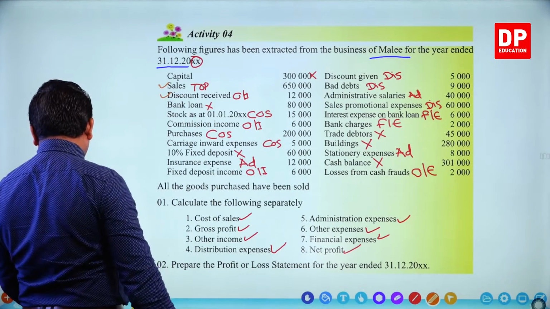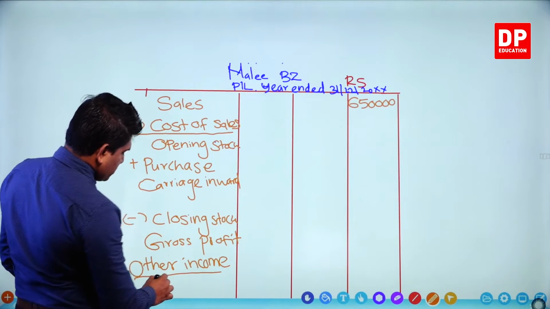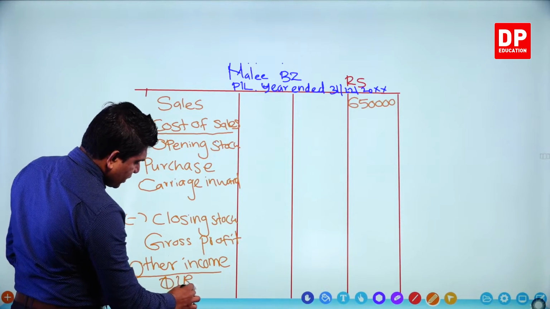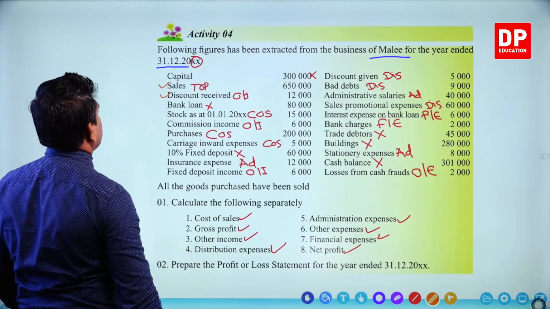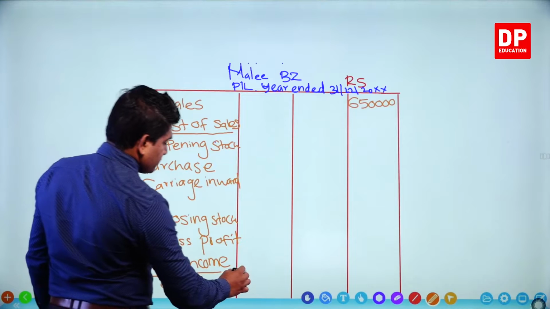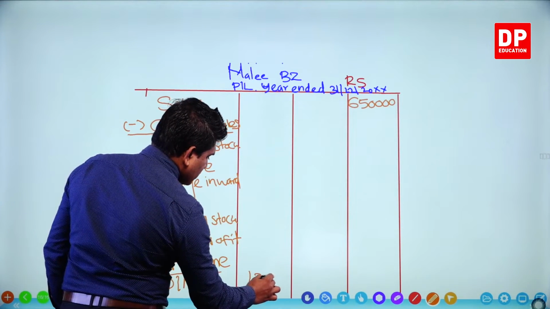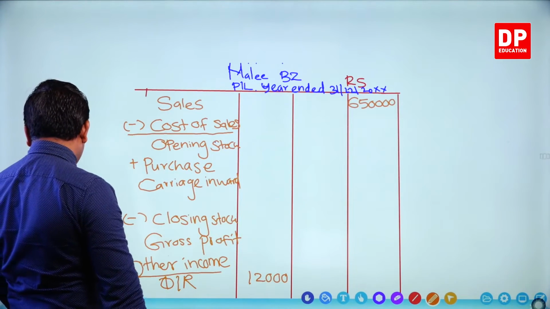Other income area. You find where other income is here. Discount received. DR means discount received. Check how much. 12,000. You put 12,000 here. Remember, one by one expenses we write in the first column, right?